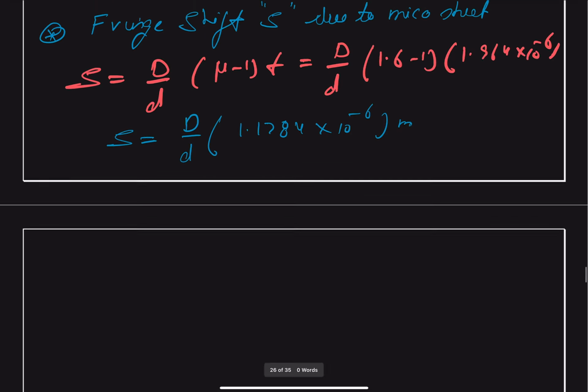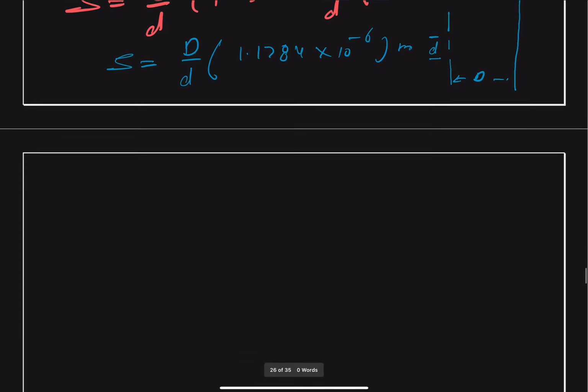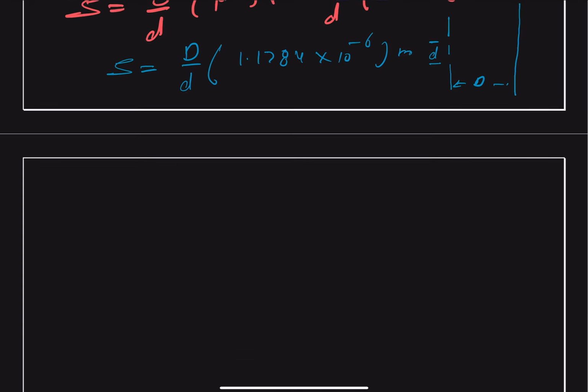So basically it means that initially the distance between the screen and the slits is our capital D, and the distance between the slits is our small d. In the second case, the distance between the slits and the screen is doubled.